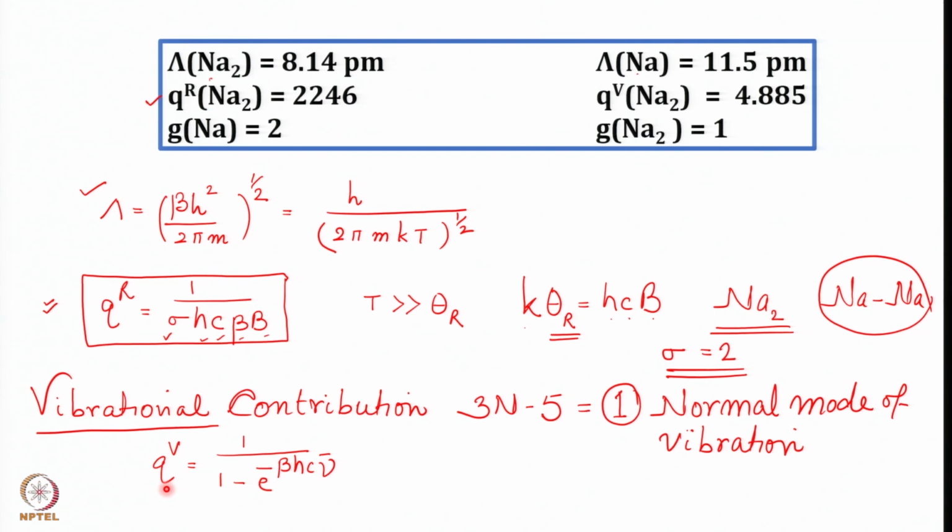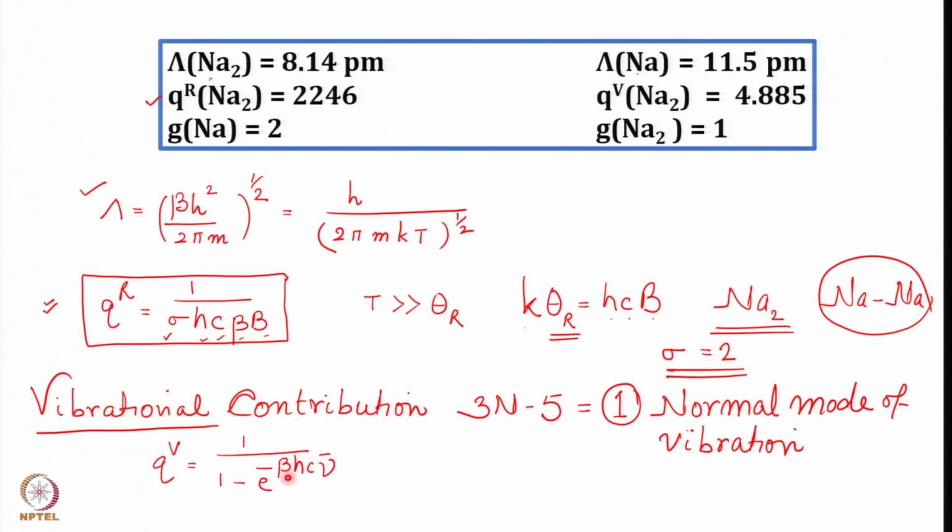An alternate way of calculation can be, just like you evaluated the value of rotational temperature, similarly you evaluate the value of vibrational temperature from k theta V is equal to hc nu bar. Calculate theta V, compare with temperature, and then use the high temperature result. Not required, because this is a very simple expression.